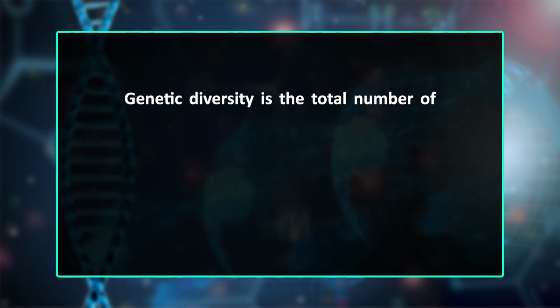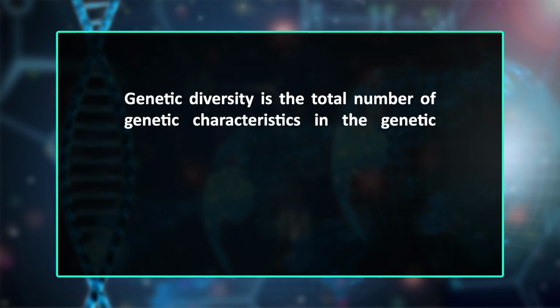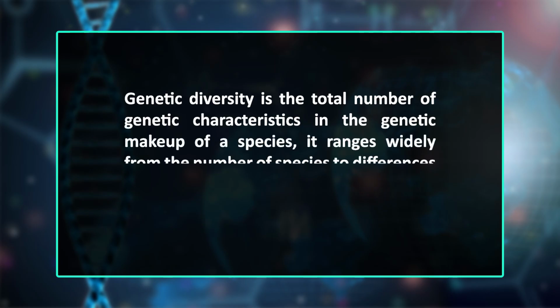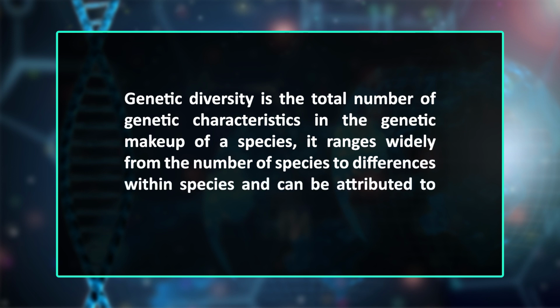Genetic diversity is the total number of genetic characteristics in the genetic makeup of a species. It ranges widely from the number of species to differences within species and can be attributed to the span of survival for a particular species.